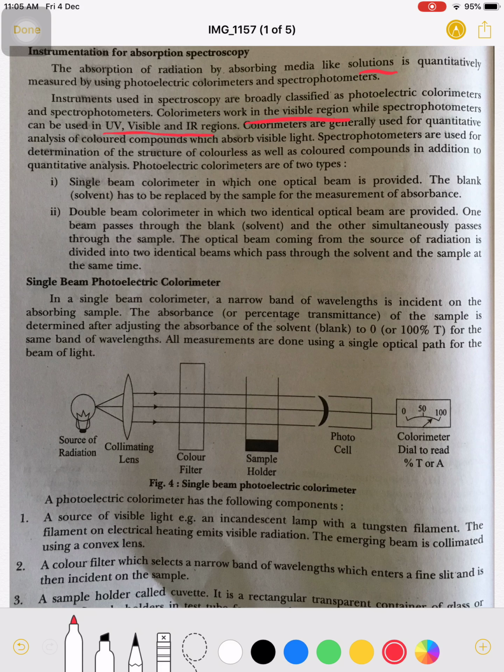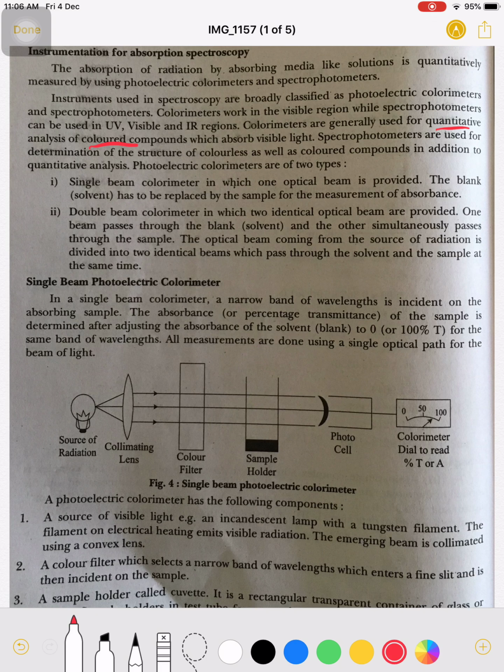Now see here, the colorimeter only works in the visible region, while the spectrophotometer can be used in the UV region, the visible, or the IR region also. Colorimeters are generally used for quantitative analysis of colored compounds which absorb visible light. So for colored solutions only, colorimetry can be used.